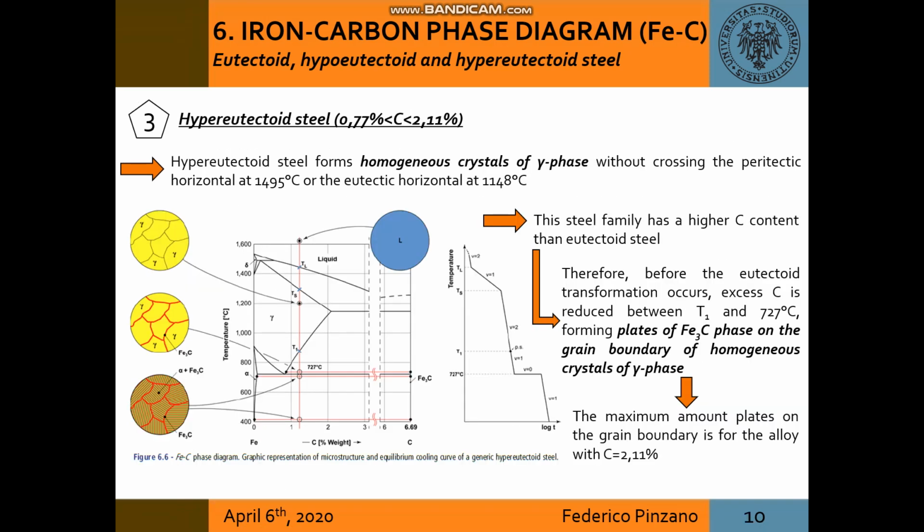Finally, the case of hypereutectoid steel that forms homogeneous crystals of gamma phase without crossing the peritectic or the eutectic horizontal. Since it has a greater carbon content than eutectoid steel, the excess carbon is reduced between T1 and 727 Celsius degrees, with the formation of iron carbide phase on the grain boundaries of homogeneous crystals of gamma phase, like shown here.